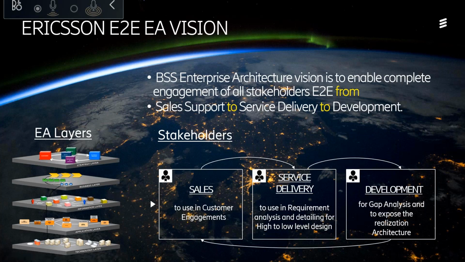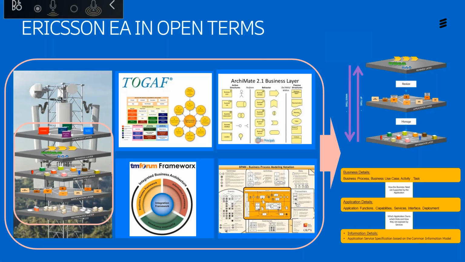Now let's see how we have done this overall enterprise architecture. What we try to do is follow some standards. We have majorly adopted the TOGAF standards, for the as-is architecture, the to-be architecture, and all these business and technology layers.